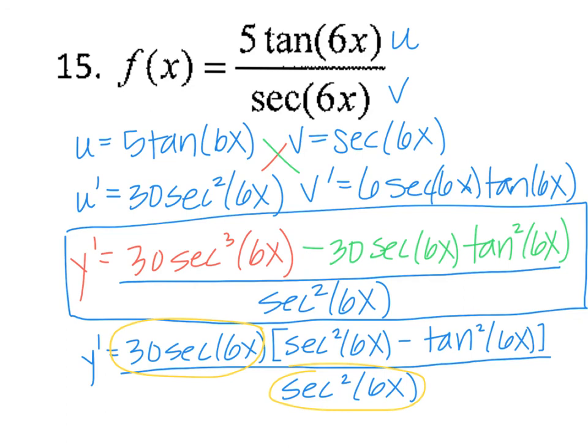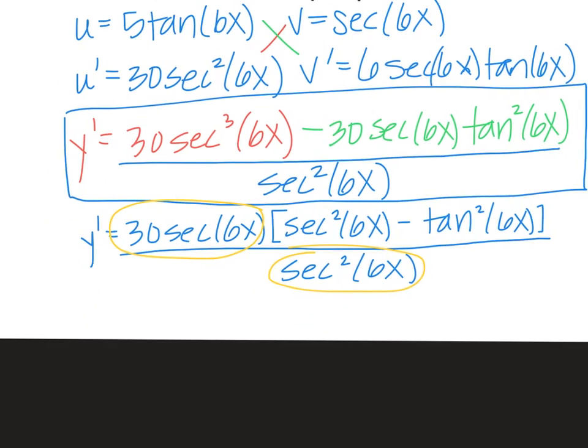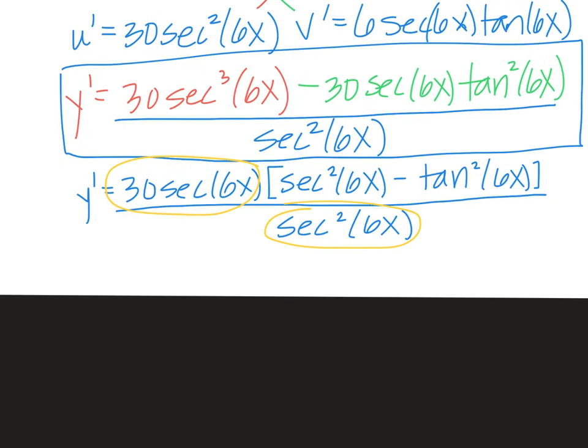Now my final step, I can simplify with anything that's been factored out in my denominator. I'm going to be able to take a secant away from each. Now let's see if I can make this smaller so that I can push that up there. There we go. And I'll write in white.